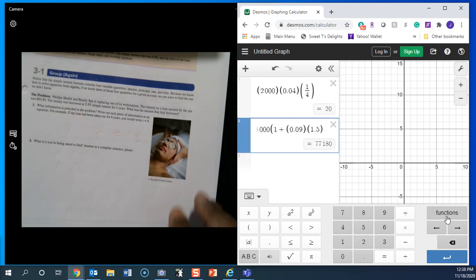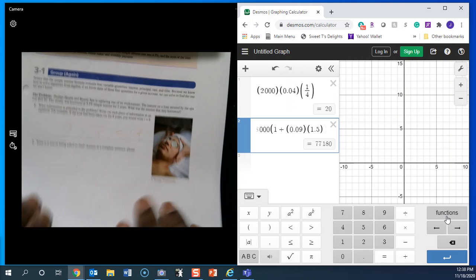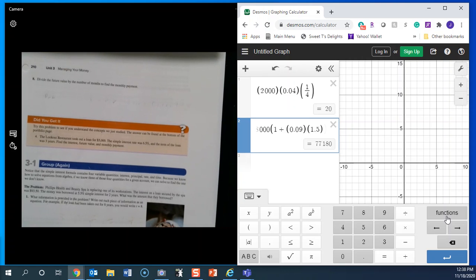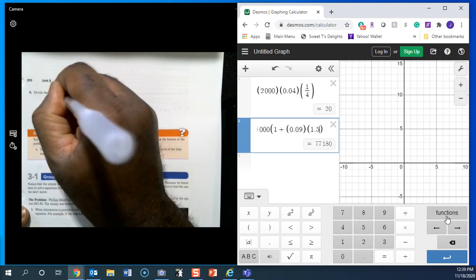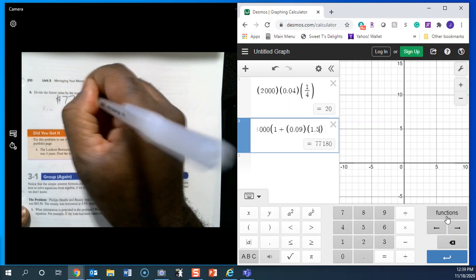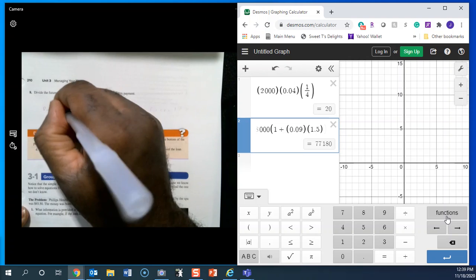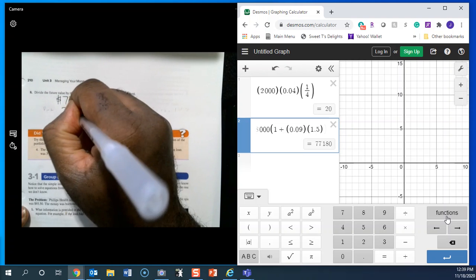Now we move on to page 210. It says here, divide the future value by the number of months to find the monthly payment. Okay, so the future value was $77,180. And we know a year and a half is 18 months.